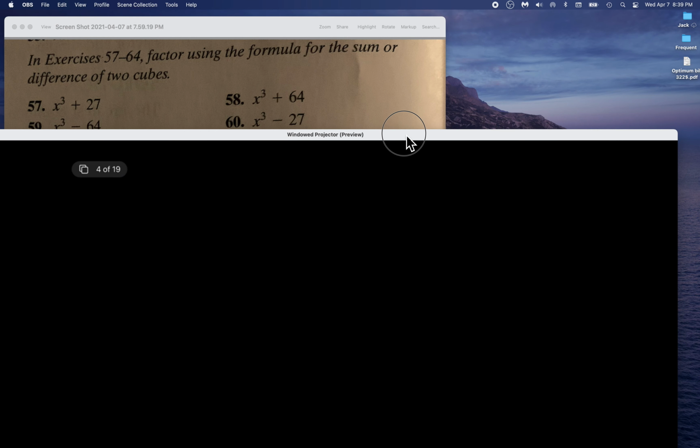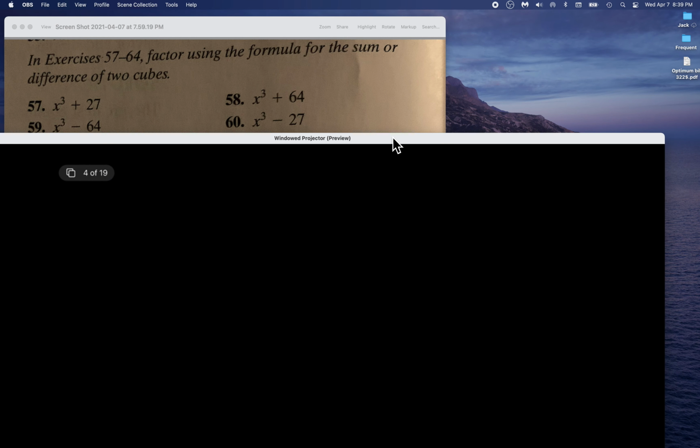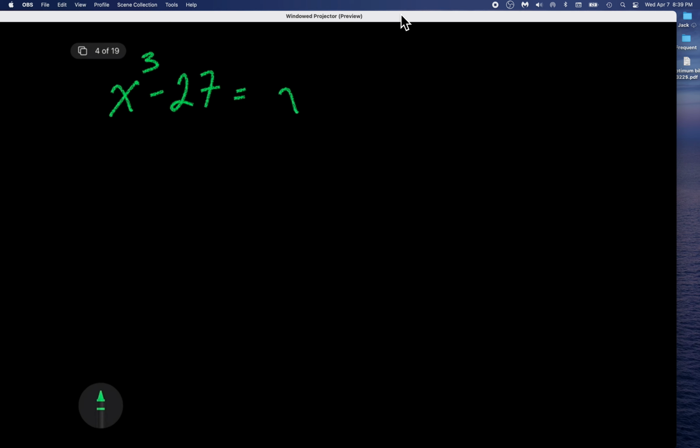Next one, x cubed minus 27. Okay, here, folks, we have the difference between two perfect cubes. So it's important to recognize that this is really x cubed minus 3 cubed.